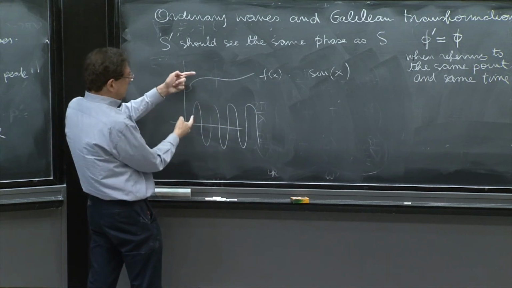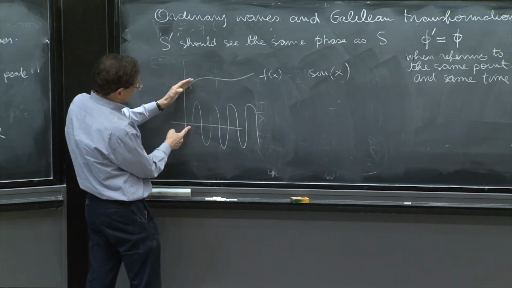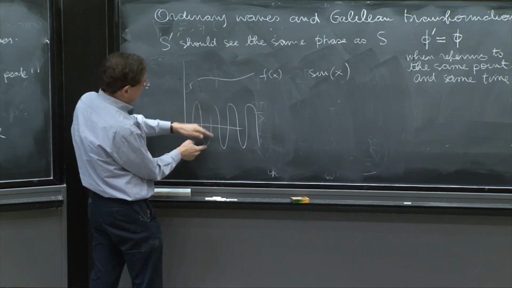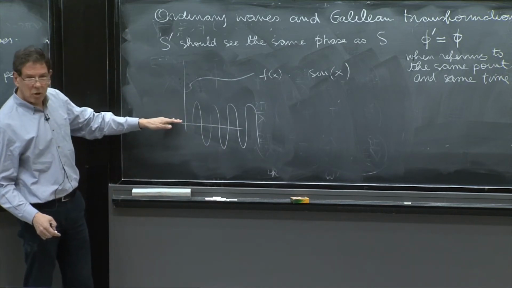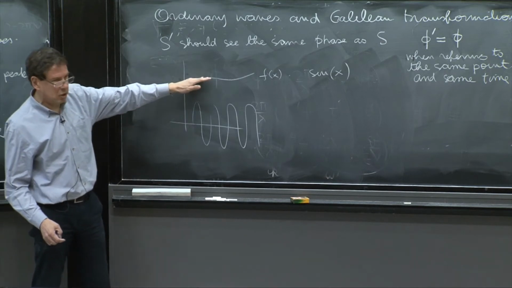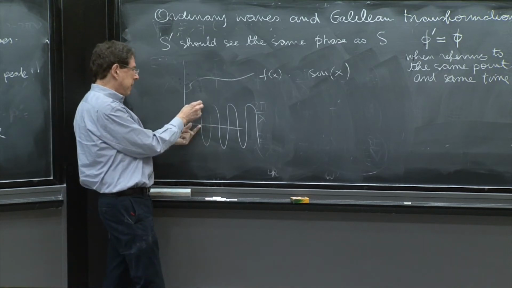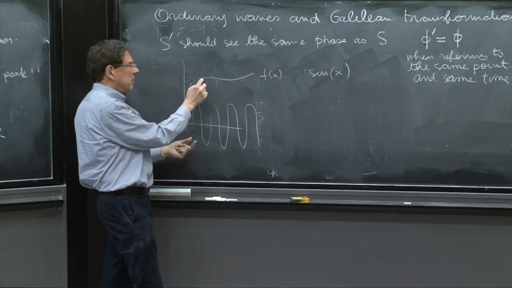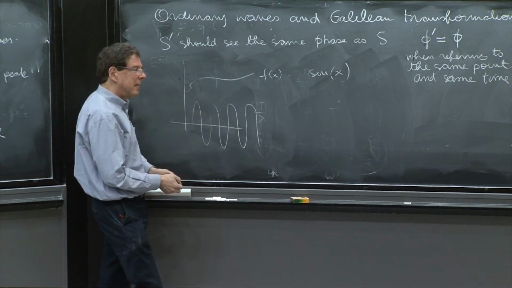If you multiply these two functions, you're going to get a function that is half the time positive and half the time negative. And in fact, the integral will contribute almost nothing if this function is slowly varying. Because if it's slowly varying, the up peak and the down peak match the function, and they will cancel each other.